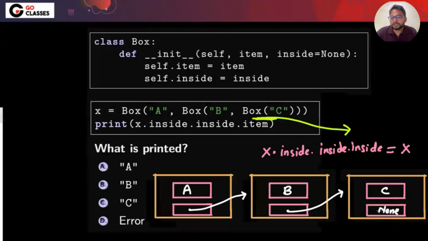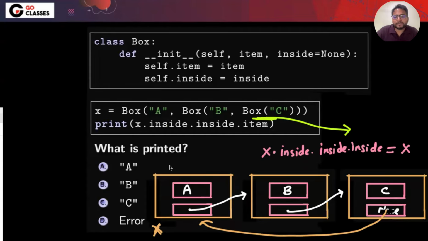So instead of none, I'm changing this value to pointing to this itself. X is this box only. So after this line, I'm actually modifying like this.